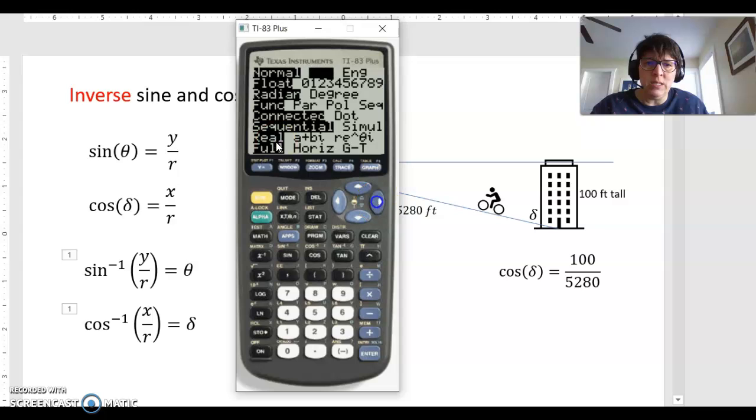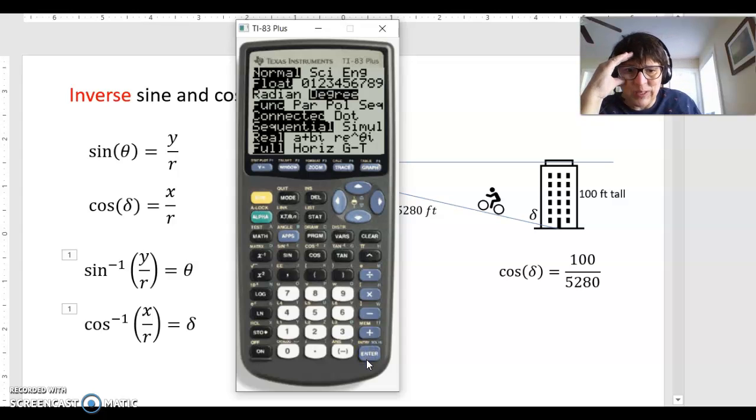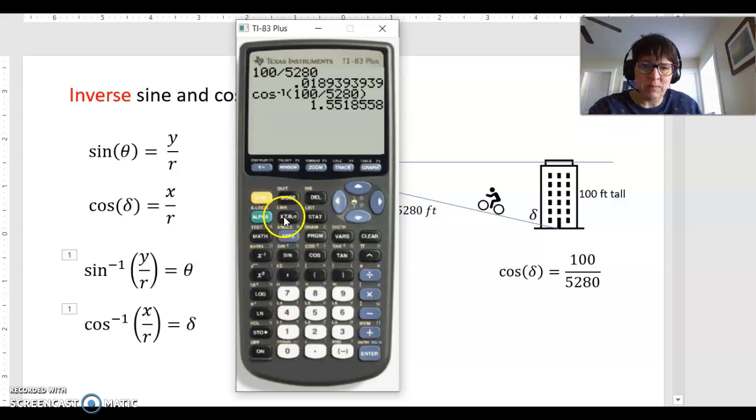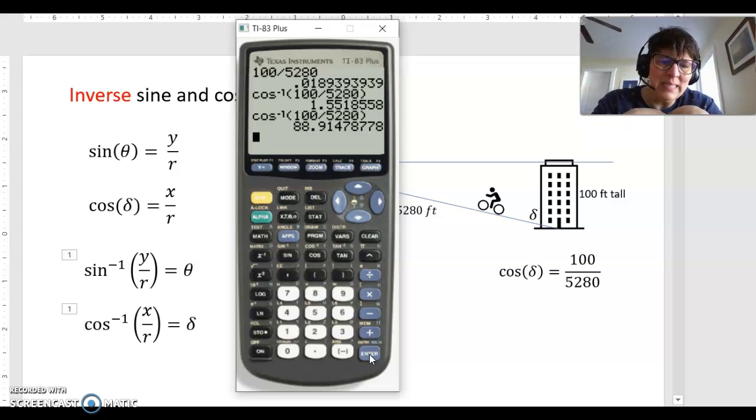If I change it to degrees, and I want to do this to show you something that was really cool. Okay, so quit. I'm going to pull up the same function, so second entry, because that's what I typed in before. Enter. So 88.9 degrees from this angle. That is almost a 90-degree angle right here.